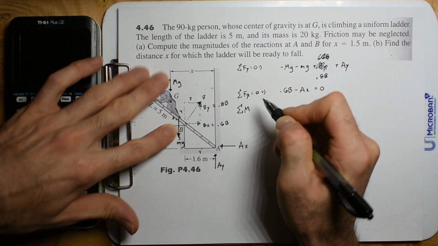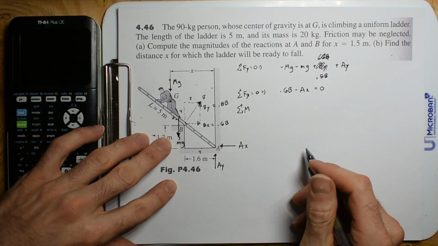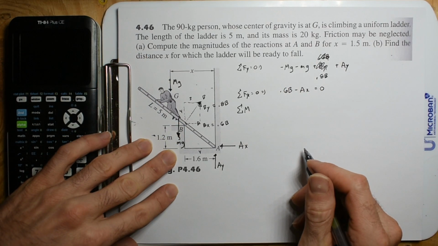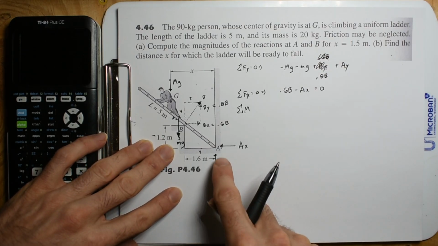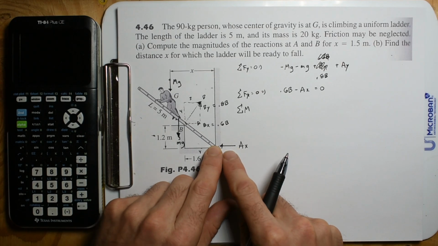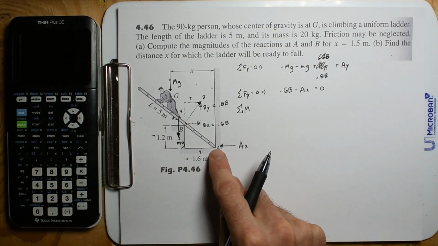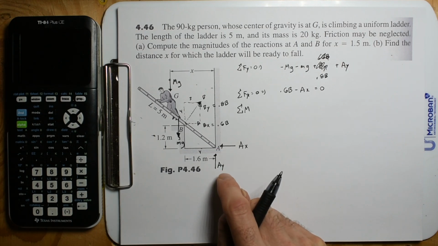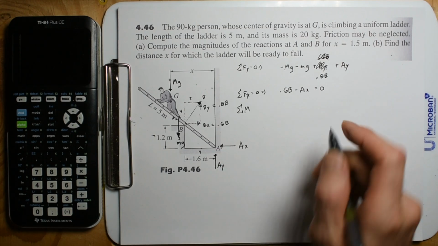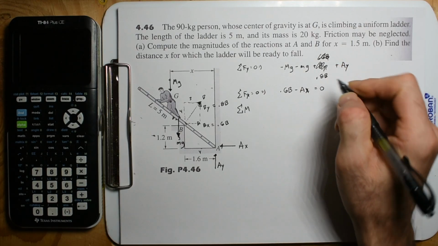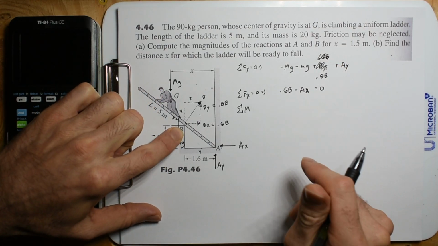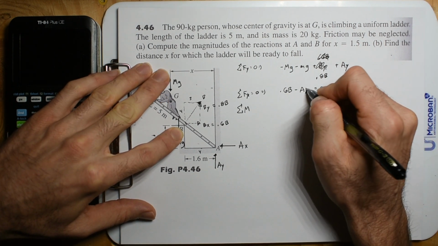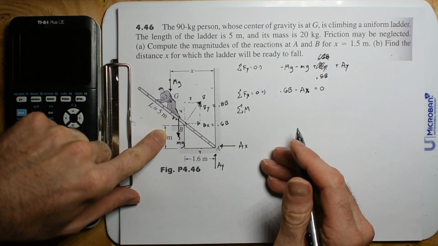Then we're going to sum the moments about some place. The first place to sum them would be about point A, because if we do that, or maybe not, I don't know. Yeah, I have absolutely no idea.